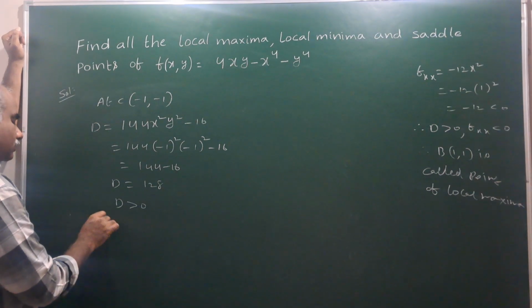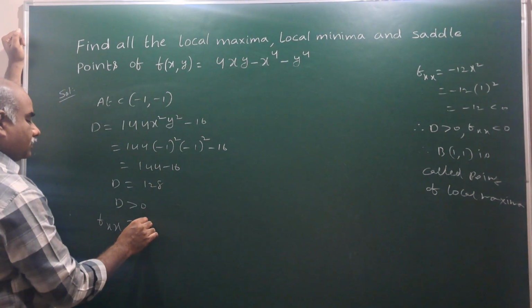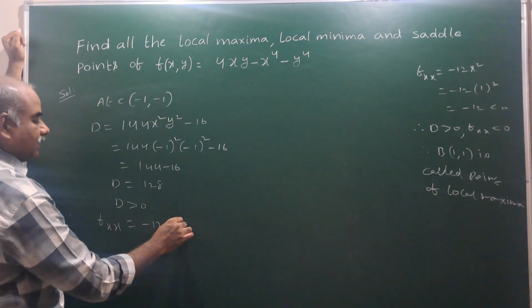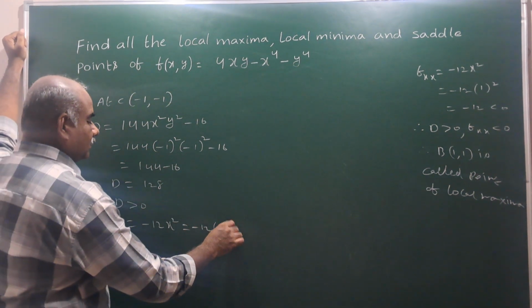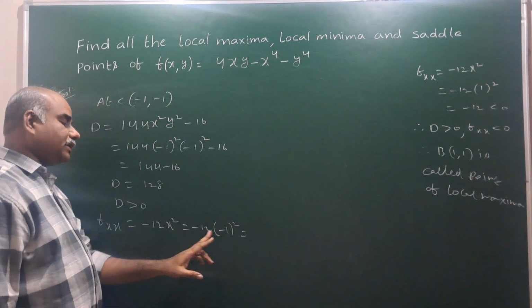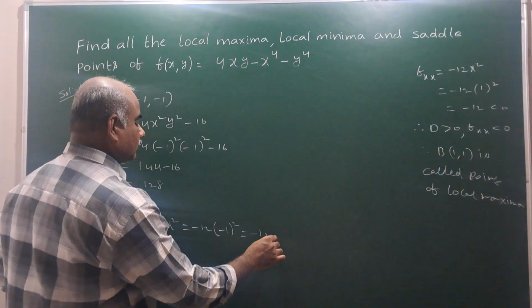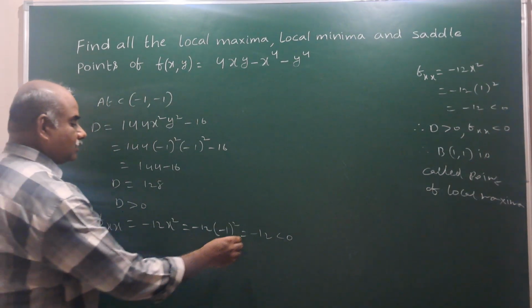Next we have to calculate fxx at this point. It is equal to −12x², so −12 times (−1)², which is −12 × 1 = −12. Minus 12 is less than 0.